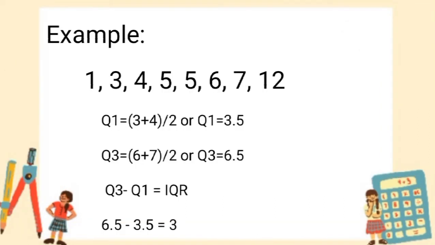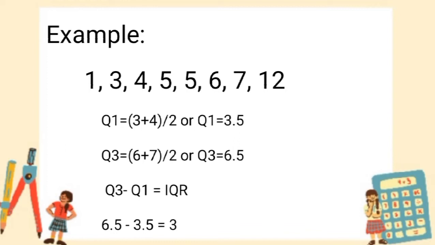Example: 1, 3, 4, 5, 5, 6, 7, 12. Q1 is the middle value in the first half of the dataset. Since there is an even number of data points in the first half of the dataset, the middle value is Q1 equals 3 plus 4 over 2, or Q1 equals 3.5. Q3 is the middle value in the second half of the dataset.